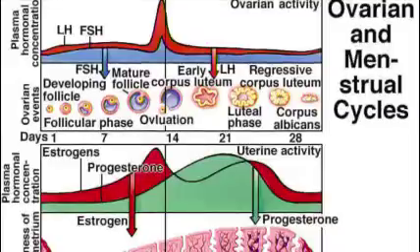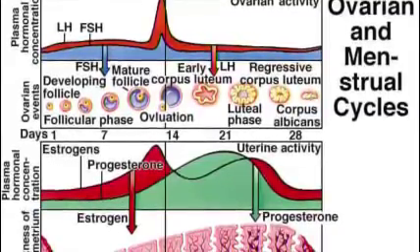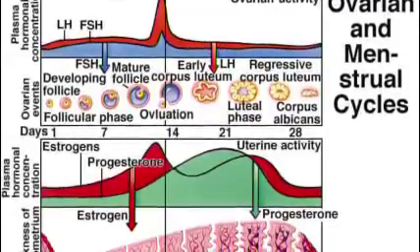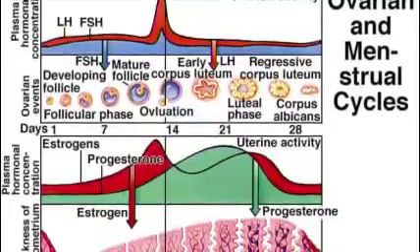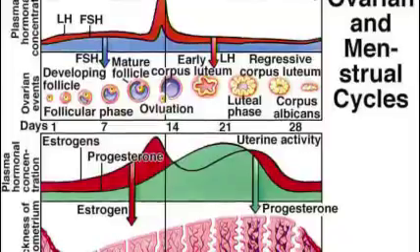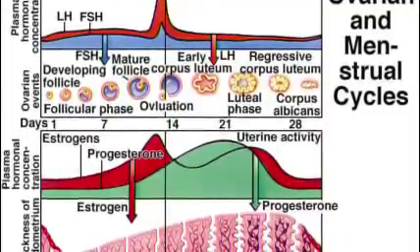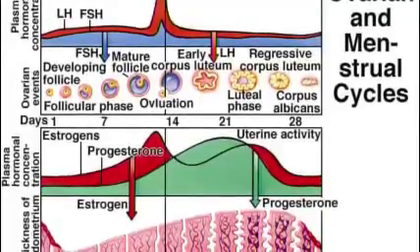Then, hypothalamic secretion of GnRH stimulates the anterior pituitary to release threshold levels of FSH and LH. FSH stimulates maturation of an ovarian follicle. The follicular cells produce increasing amounts of estrogens and some progesterone.